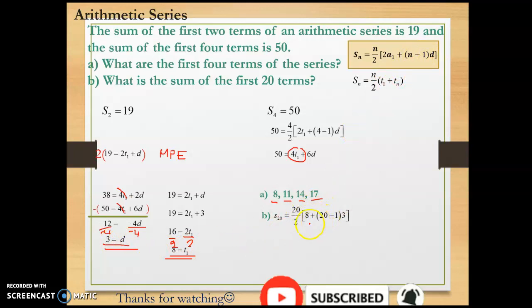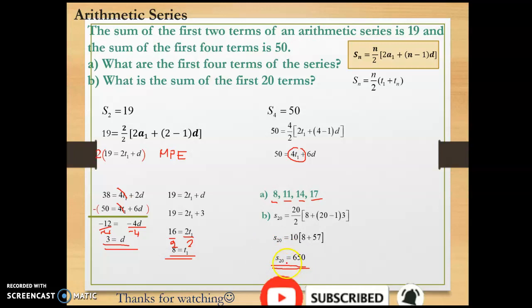Then substitute, then you simplify. 20 divided by 2, that's 10. 8 plus 20 minus 1, that's 19 times 3, 57. Then you add, you get 65 in the parentheses, and then you times 10, you have 650. Therefore, the sum of the first 20 terms is 650.